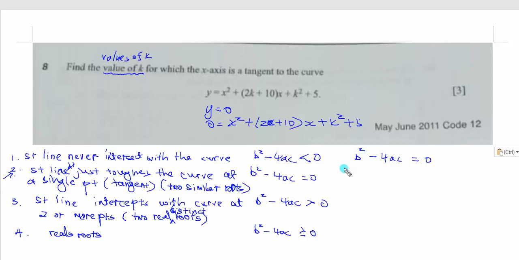The b is actually 2k plus 10. You square it. This is b square. 4a, a is 1 here. 1 times the c is this one, the constant.